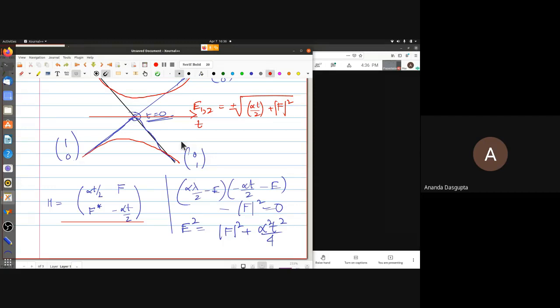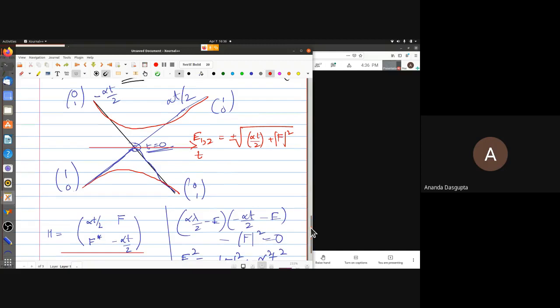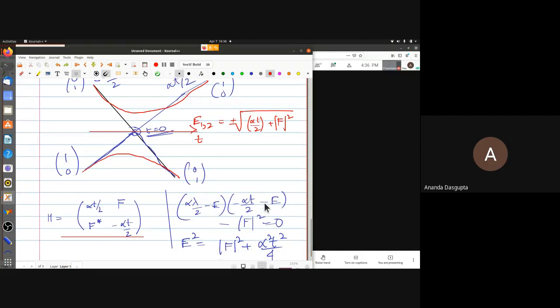Now, one thing is pretty easy to understand. At very large positive times and very large negative times, at those two limits, you can of course ignore the size of f compared to alpha t by 2, right? For both, when t is very, very large, either very large positive or very large negative, f will hardly be important.